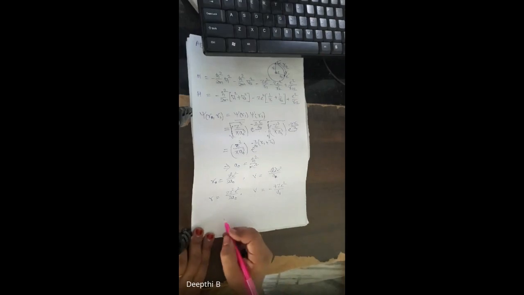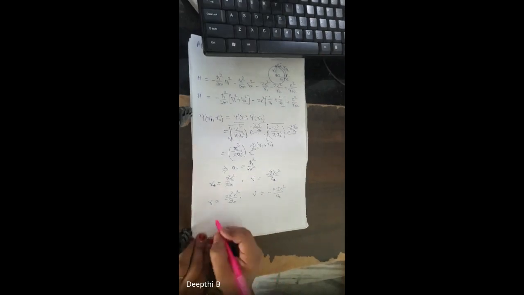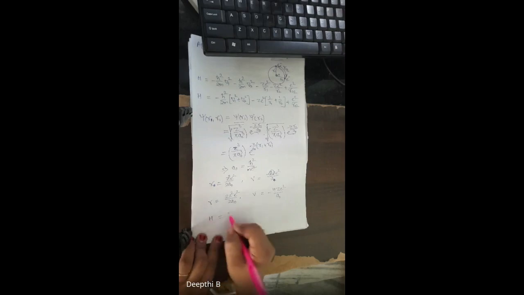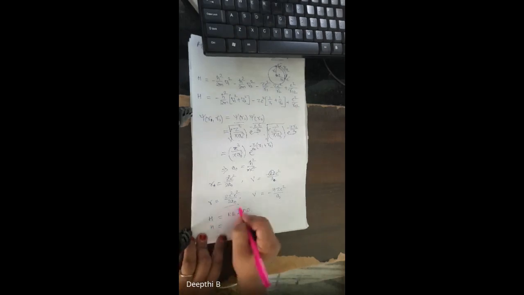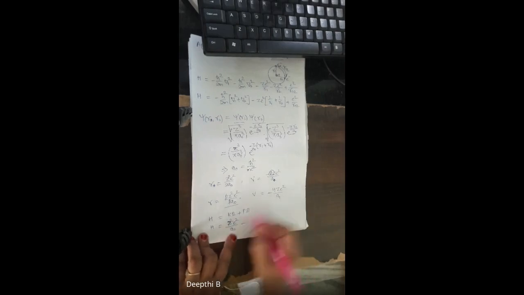Now, what we will do now? Now the total Hamiltonian, which is kinetic energy plus potential energy. So the 2 cancels here: Z square e square by a naught plus, here minus, so minus 4 Z square e square by a naught.